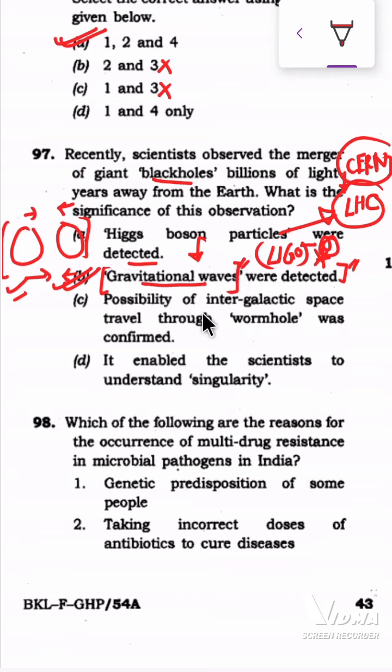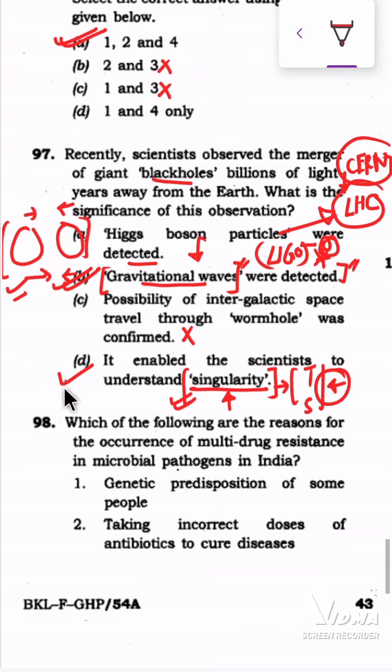Statement C said the possibility of intergalactic space travel through wormholes was confirmed. No, this is not right. It enabled scientists to understand singularity. Singularity is a concept given by the very famous scientist Stephen Hawking, where he said there is a space-time singularity which would explain everything. There was also a movie called The Theory of Everything about Stephen Hawking. But it's not the right answer. The correct answer is that gravitational waves were detected.